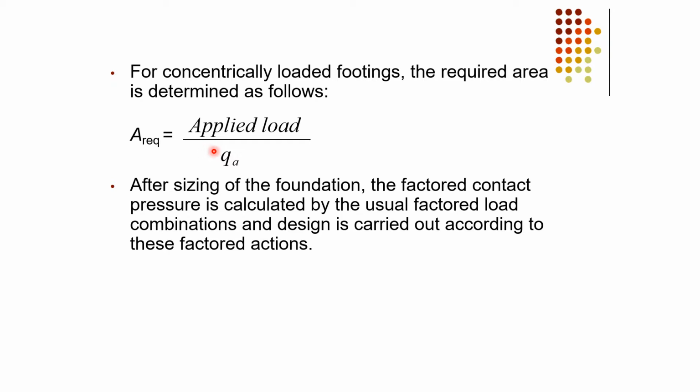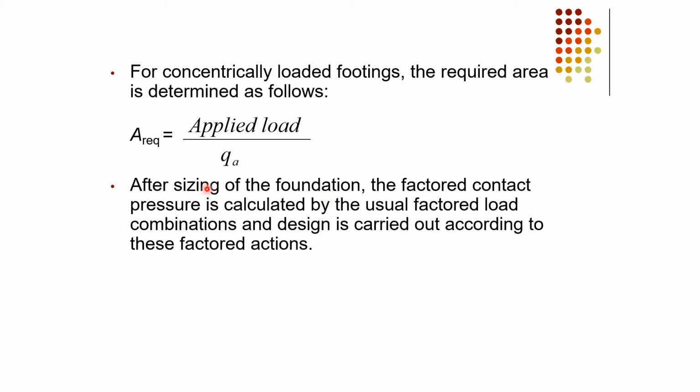So here QA is the allowable bearing pressure, that is a stress, with area and load. The applied load is whatever load is coming to the foundation from the superstructure, and that is divided by the soil allowable bearing capacity. We get the required area of foundation.